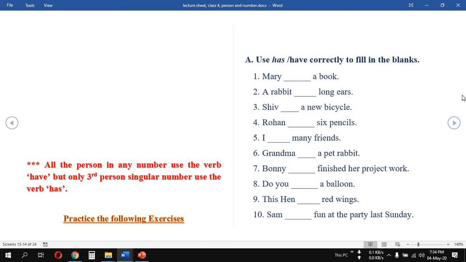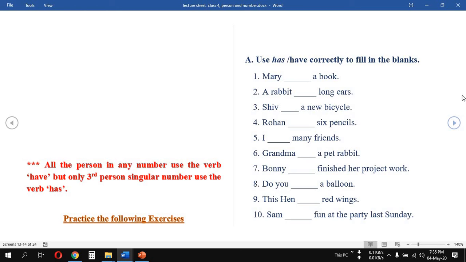Before doing these exercises, let me tell you in short whatever we have learned today from this lesson is that all the person in any number use the verb have, but only third person singular number use the verb has, right? Now let's go for the exercise.